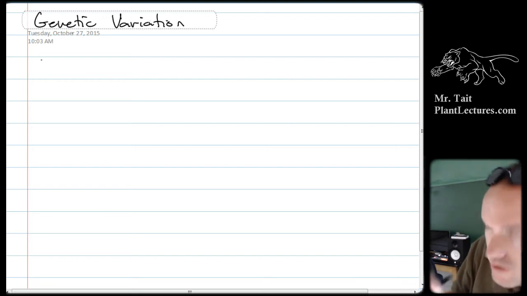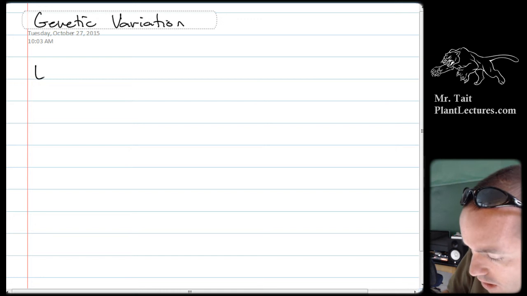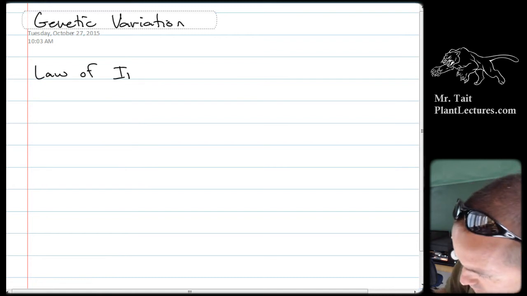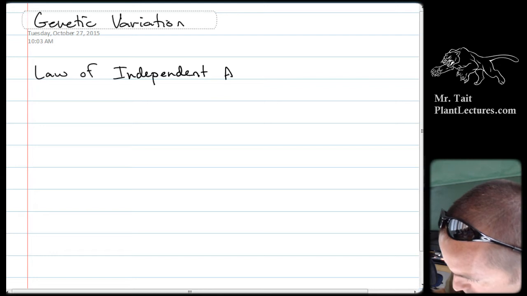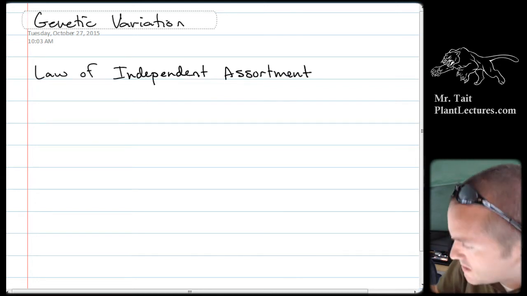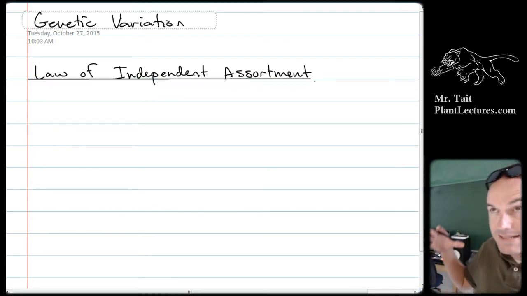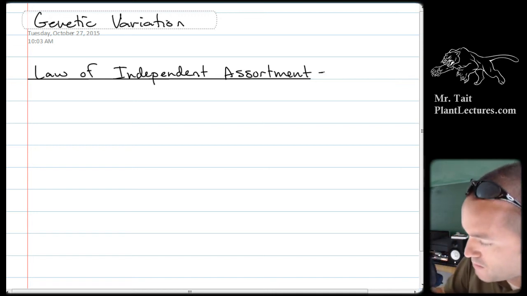Okay? So there's two laws that we have to look at that are going to affect this. The first one is called the law of independent assortment. And what this law says is that the way that the tetrads are going to orient themselves, and this always happens in prophase 1 when the tetrads form.